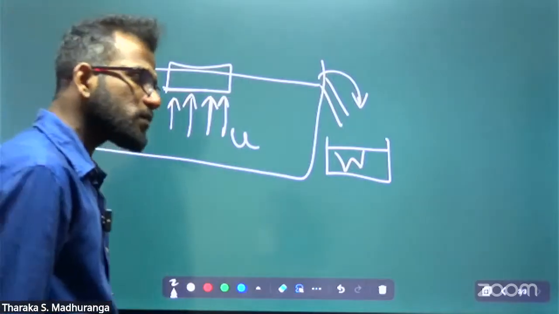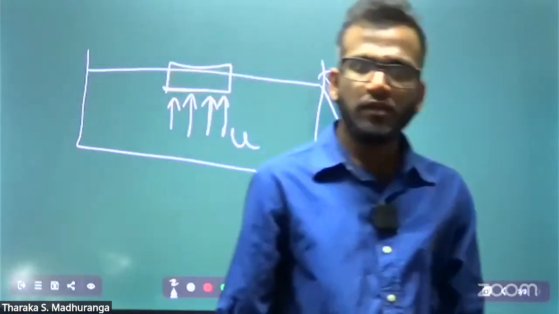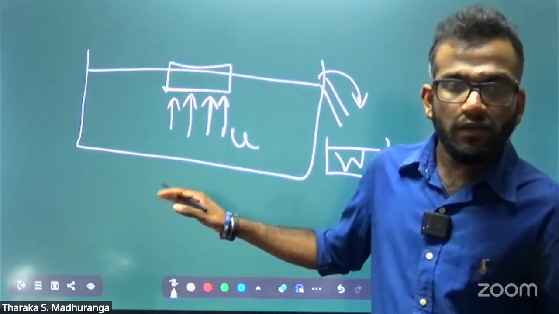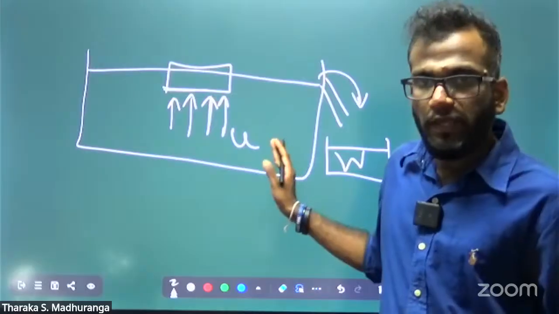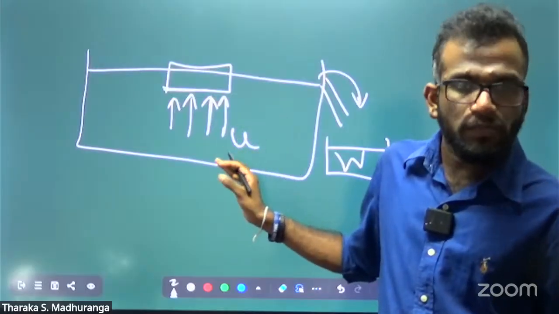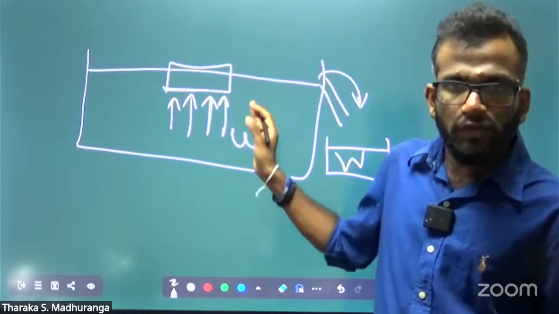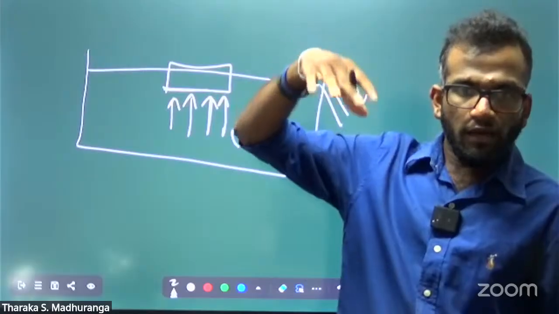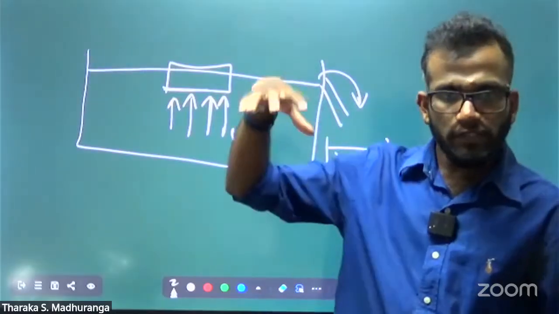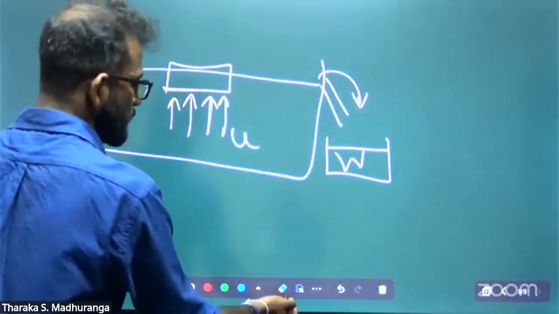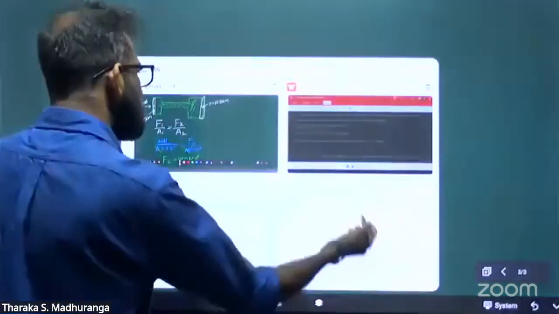That is the simple meaning of the Archimedes theorem. It is the displaced fluid weight, not the volume, that equals the upthrust force when any object is submerged partially or fully.